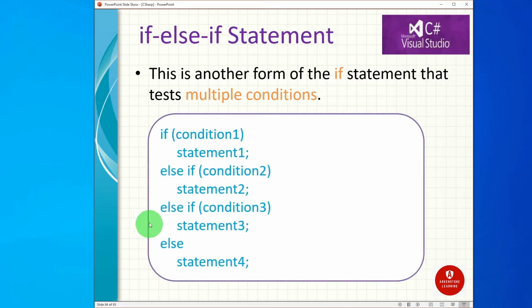So here is the syntax of the if-else if statement. It is also called if-else if ladder. Here we specify the if keyword, and in brackets we specify condition 1, and if that is true then it executes statement 1, and then we specify the keyword else if, and then specify condition 2 in parentheses, and if that condition is true it will execute statement 2.